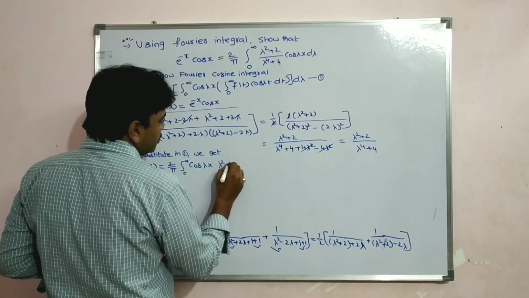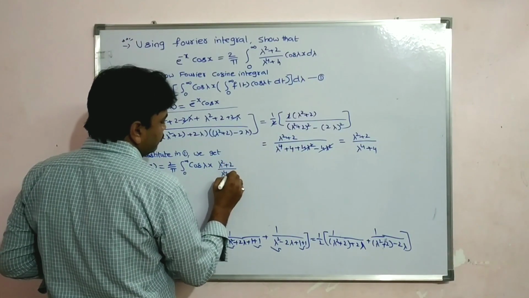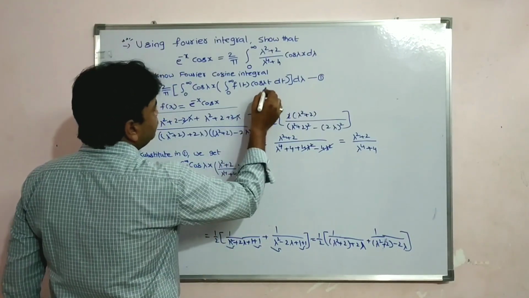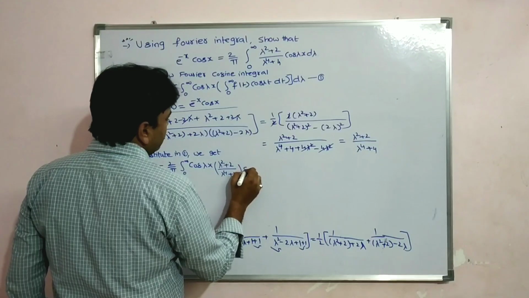Lambda square plus 2 divided by lambda power 4 plus 4 into d lambda.